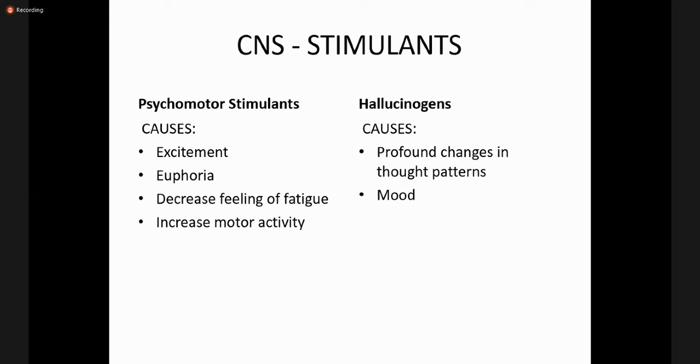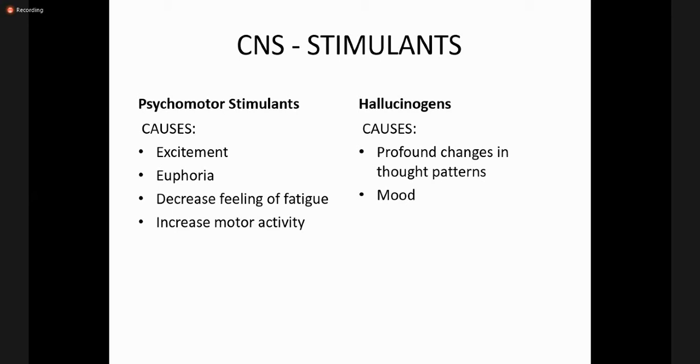When we talk about drug addiction, we must know at least two terms: one is psychological drug dependency, and another one is physiological drug dependency, right?